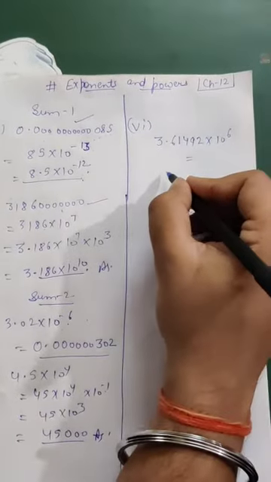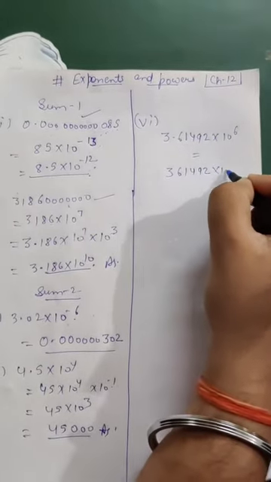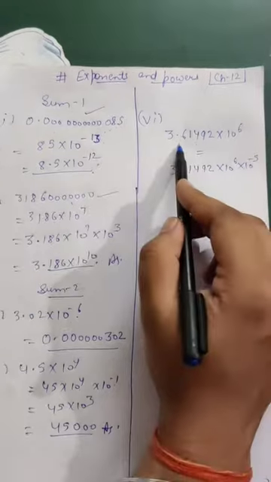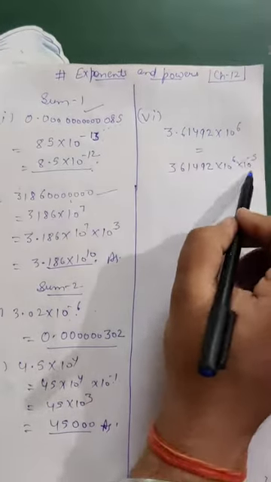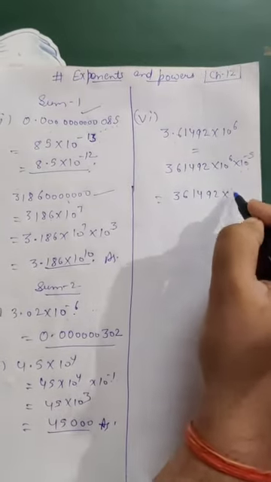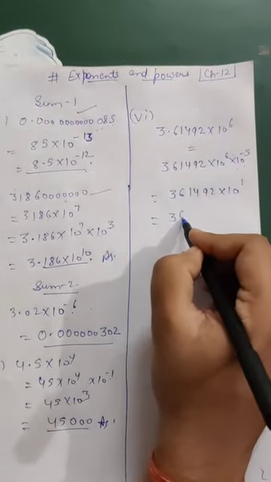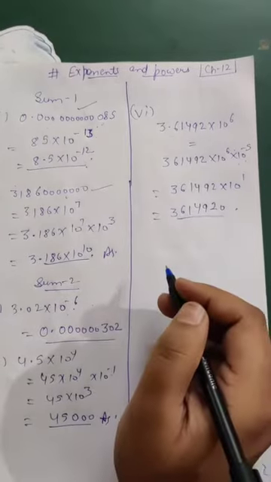So we will write it as 3.61492 into 10 to the power 6 into 10 to the power minus 5. Minus 5 because we have removed the decimal, and when we remove the decimal, we will take the exponent as negative. So 3.61492 into 10 to the power 6 minus 5, that is 1. So 3.61492 is the answer.